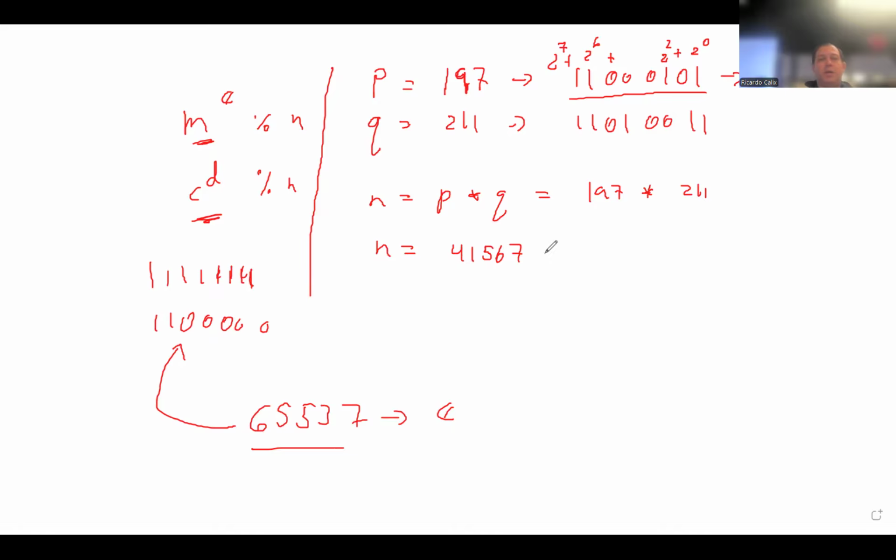The corresponding binary number for 41567 would be 1010001001011111. Notice this has 16 bits to represent the n.